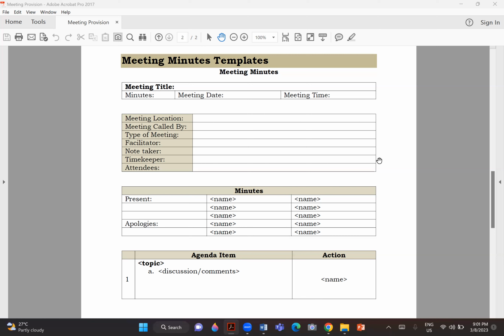Then we go to the action. In the action part, we have to make sure that we specifically mention the task, or the practice or the procedure that will take place, and the person who will be in charge of doing that. And by the person, I mean the position, I mean the designation.